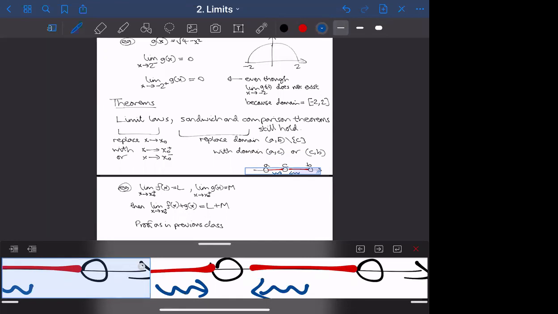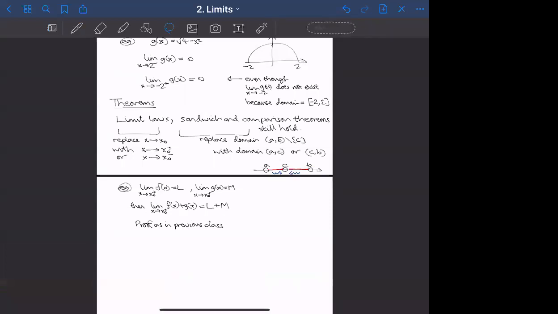So let's do an example where one-sided limits are useful to calculate a full limit.